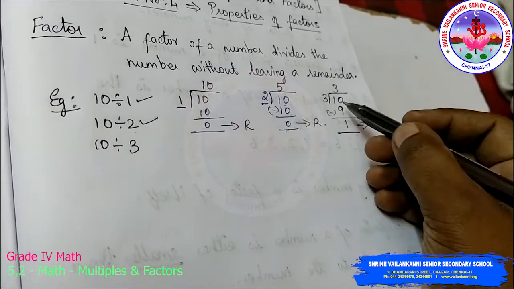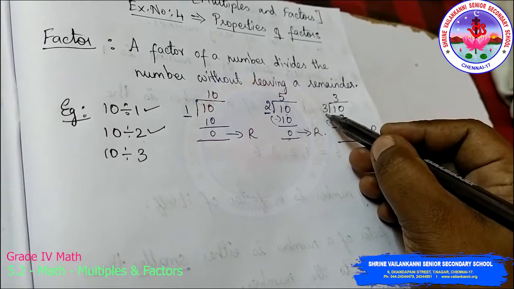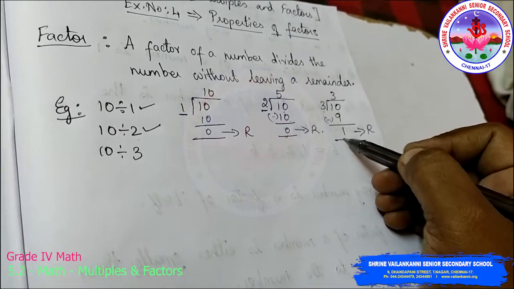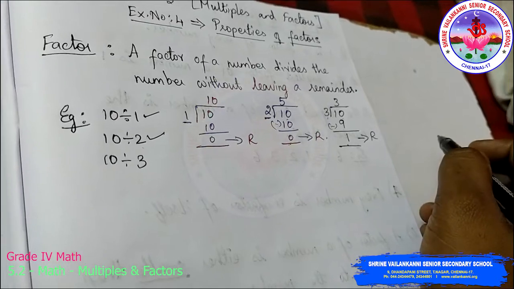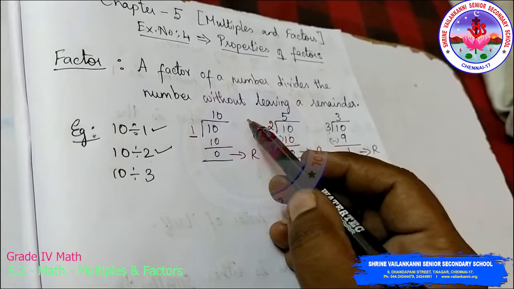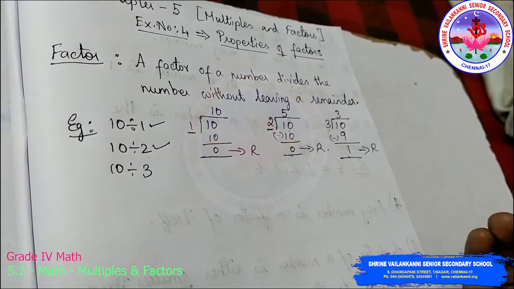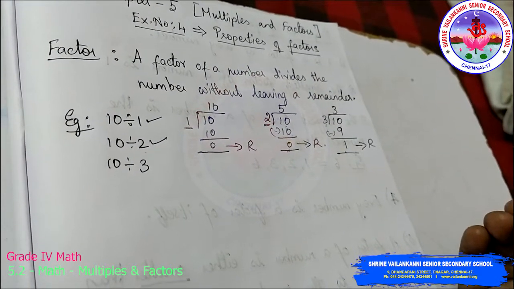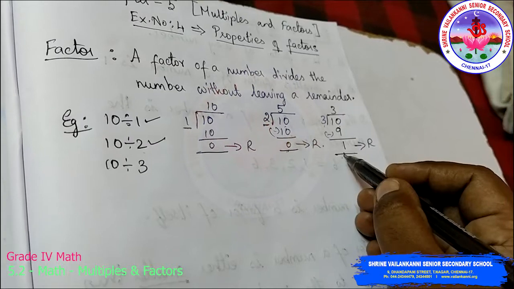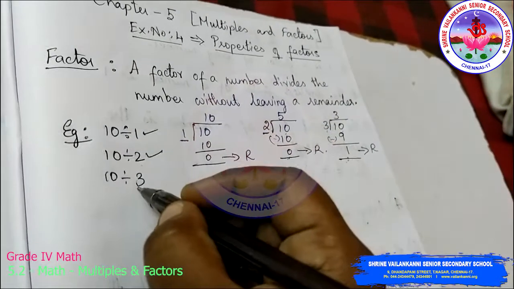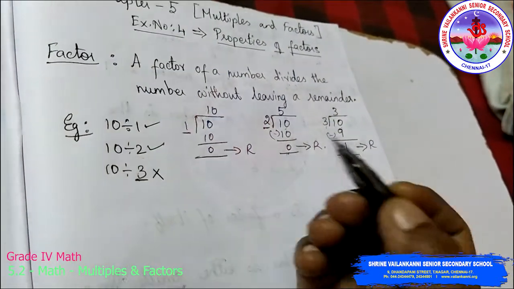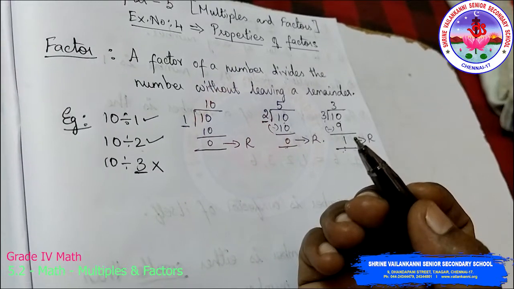So when you divide 10 by 3, it gives the remainder 1, not 0. The factor rule states that when you divide a number, it should give a remainder of 0. Here the remainder is not 0, so 3 is not a factor of 10.